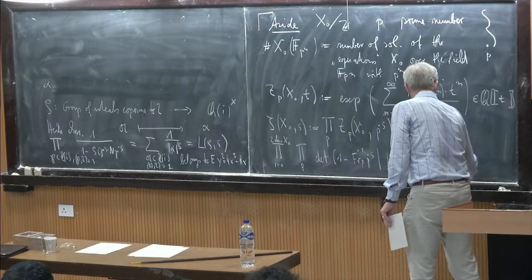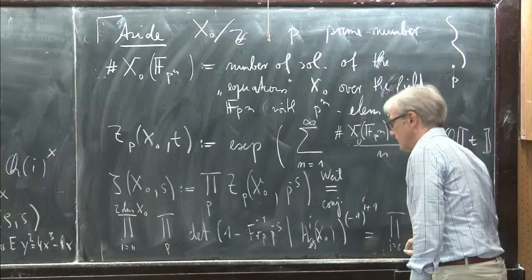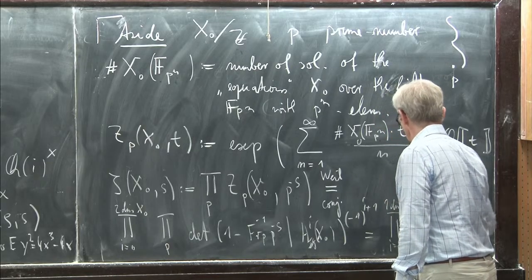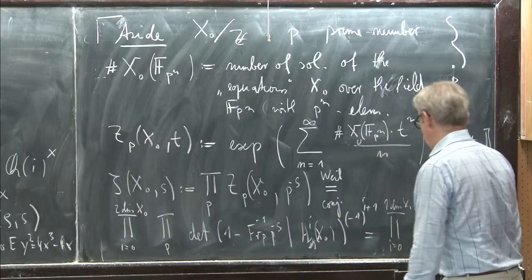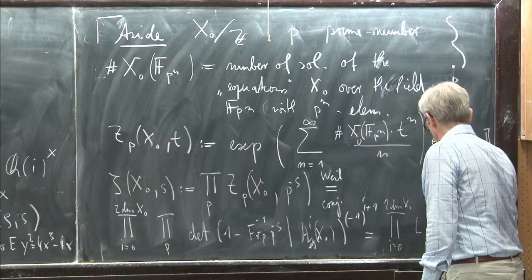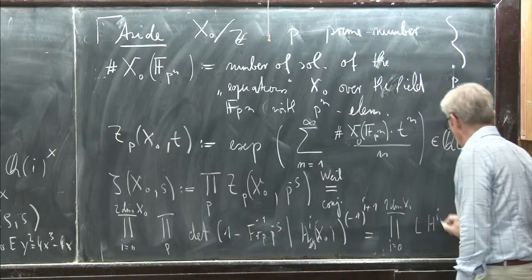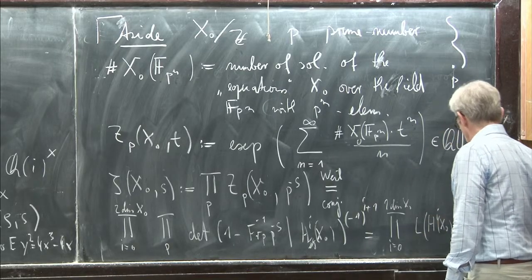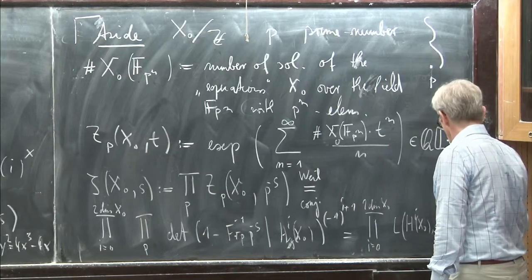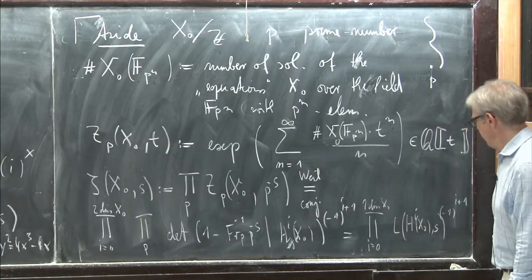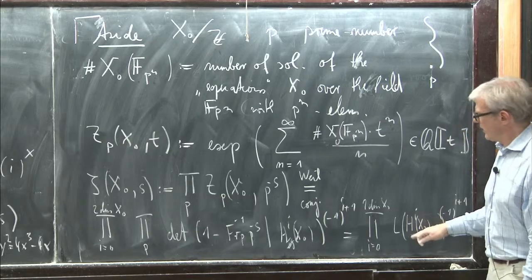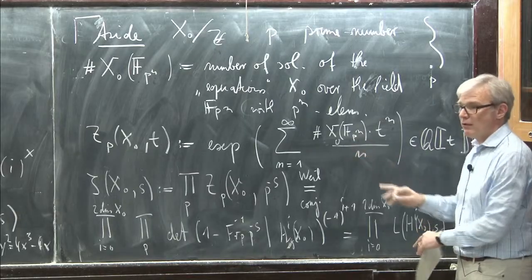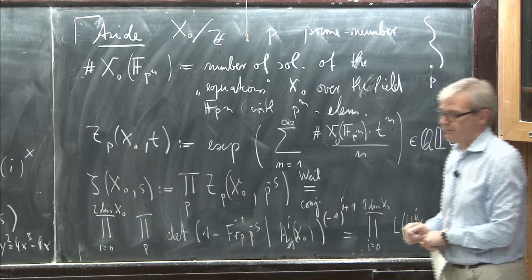So this is the product for i equals 0 to 2 dimension X_0, and now I have to be careful. There is this H^i space, which is encoded in this L function L(H^i, s), and I have here minus 1 to the i plus 1. So all these L functions appear here, and putting them all together, I get back this local information about the variety.